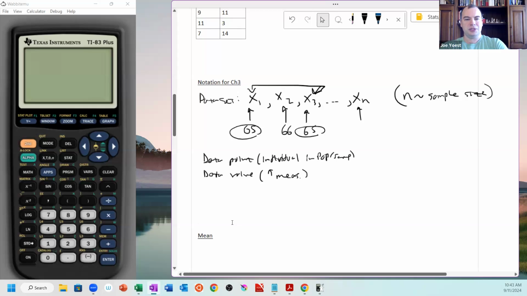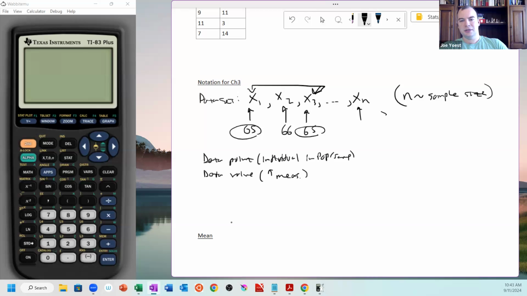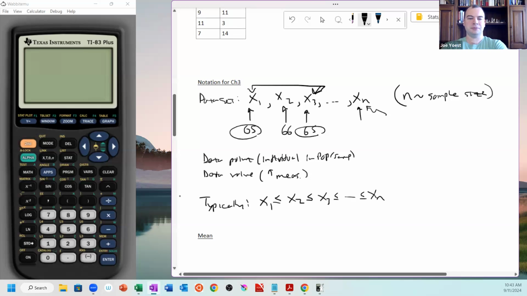And also, when we set up our data set like this, we're basically going to always assume that it's ordered. There are a couple exceptions to that, like when we don't have ordinal data, but for the most part, when it's feasible to do, x1 is less than or equal to x2, less than or equal to x3, and so on, xn.